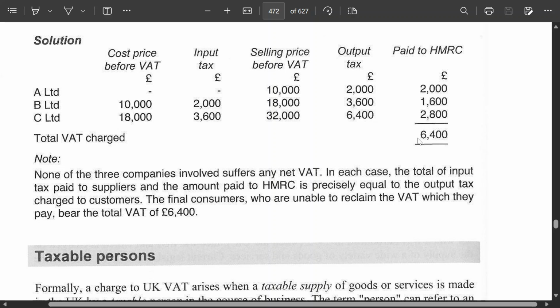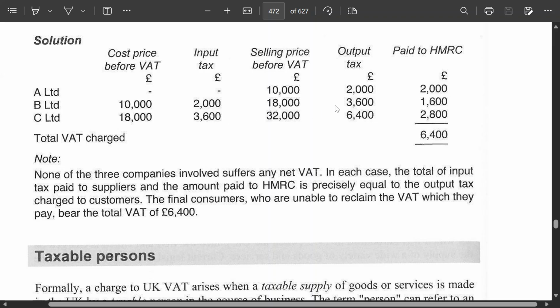So you can see that the government eventually gets a total of 6.4. And who is the poor guy who has to pay the 6.4? It is the final consumer. The final consumer has to pay the full 6.4. Everybody else is not losing anything at all. C is not paying anything out of his own pocket.